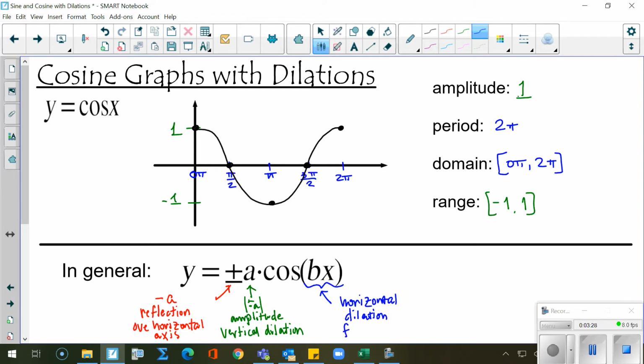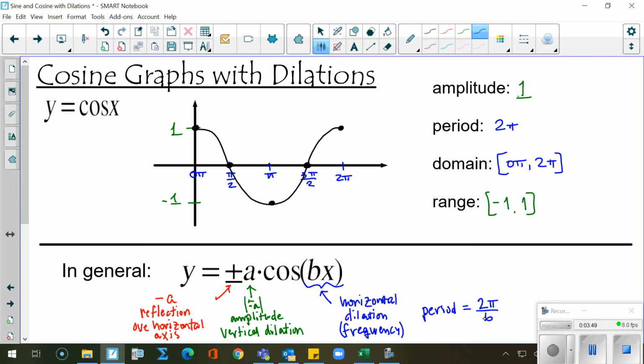Which affects the frequency. We use that coefficient to find the period of the new graph. The period would be 2 pi, or 360 if you're working with degrees, divided by that coefficient that's on the argument.